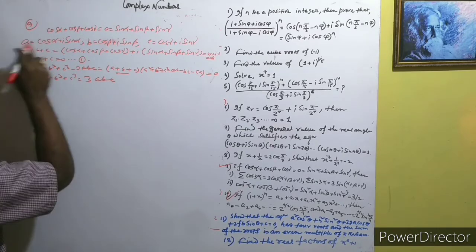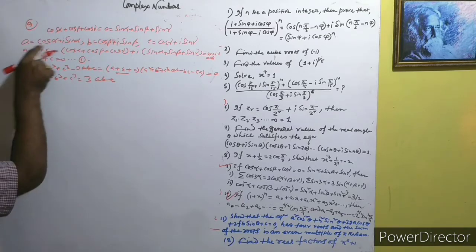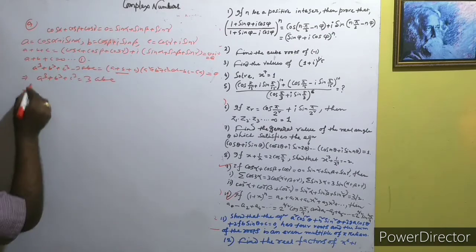Here a is equal to cos alpha plus i sin alpha, b equal to cos beta plus i sin beta, and c equal to cos gamma plus i sin gamma. So substitute here.